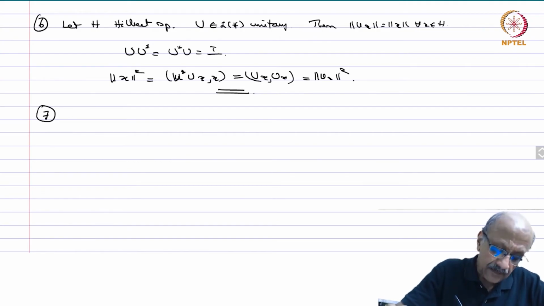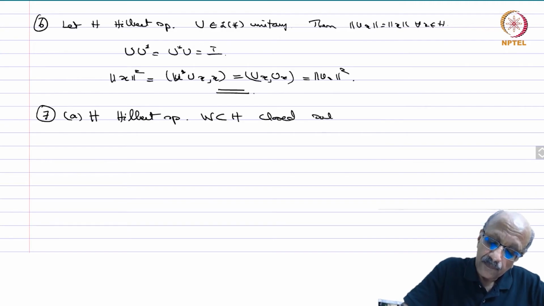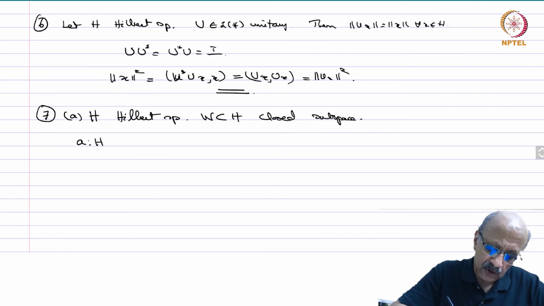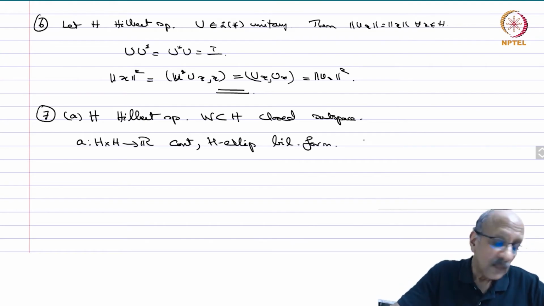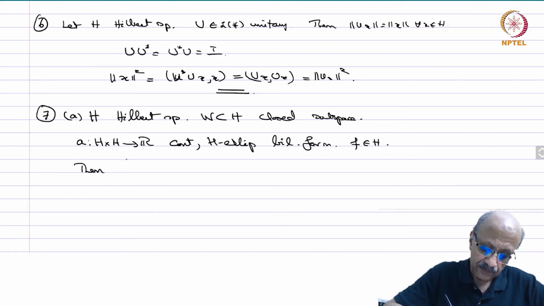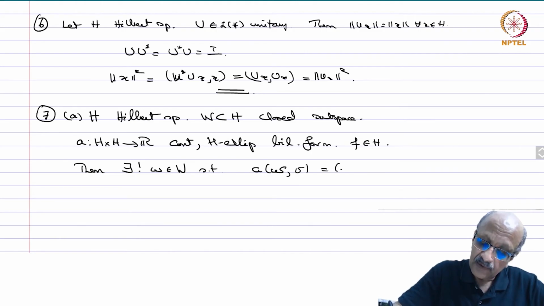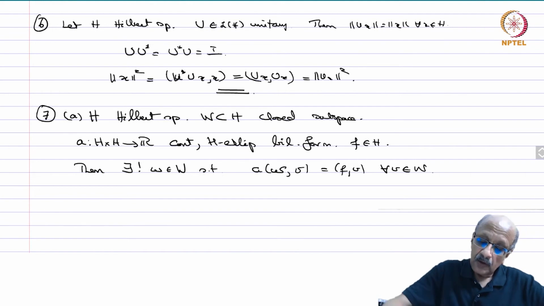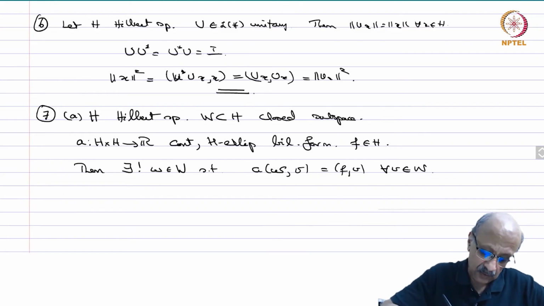Okay, so A: let H be a Hilbert space, W contained in H a closed subspace, a: H cross H to R a continuous H-elliptic bilinear form, and F is given in H. Then there exists a unique w in W such that a(w, v) equals F(v) for every v in W. So we proved this, I mentioned this as a remark, we proved the Lax-Milgram lemma for the whole of H, and now we are saying that it is true even in a subspace.